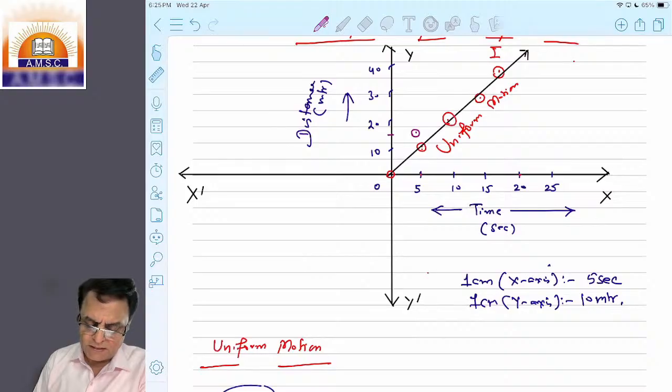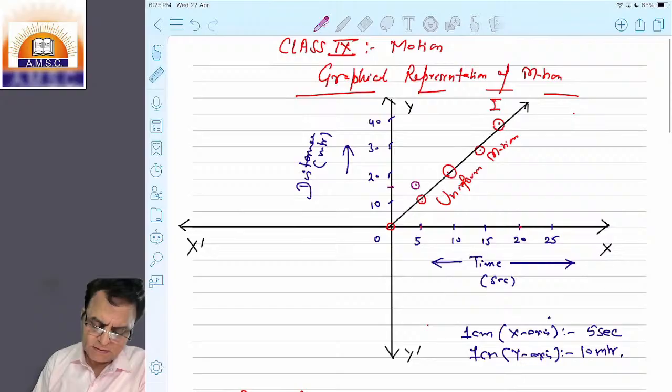In the next 5 seconds, let the distance covered by the moving object be 25. So the object comes out to be 25. In the next 5 seconds, let's consider that the object has covered a total distance of 40 meters, right?